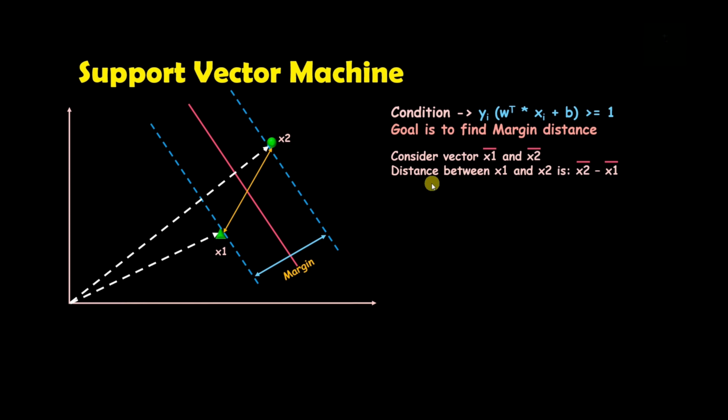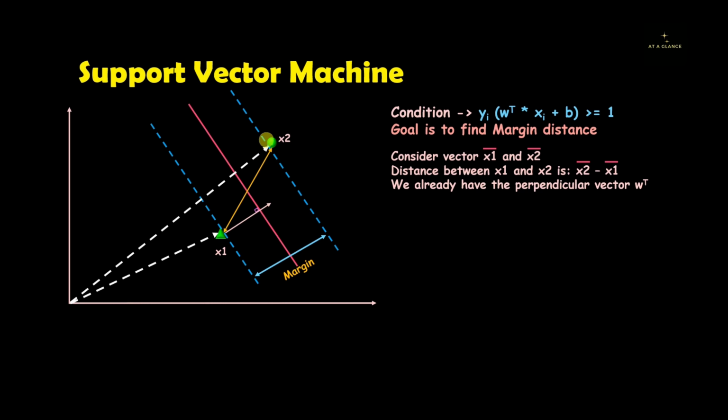Now as this margin is the perpendicular distance between both the gutters, we want a certain parameter which is perpendicular. If you remember, at first we have seen that W transpose is the parameter which is perpendicular to the hyperplane, and this margin distance is also perpendicular to the hyperplane. So this W transpose parameter is going to be very helpful for finding out the margin distance.